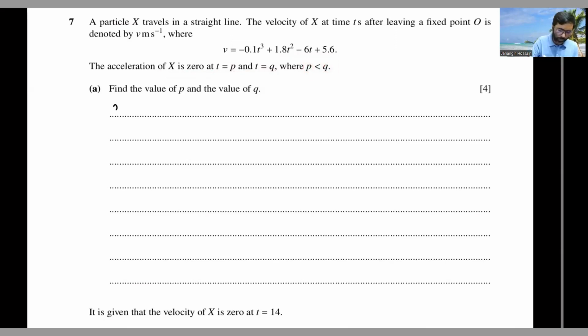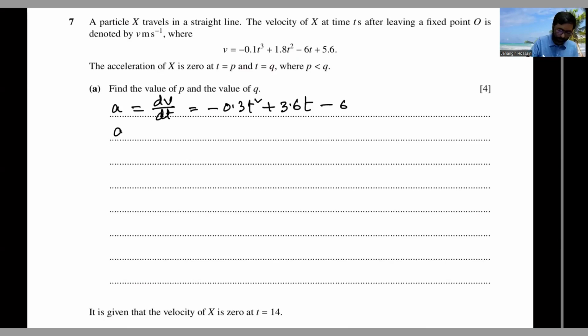So for this one, you have to find the expression for acceleration. Since v is the expression in t, acceleration is the differentiation of v with respect to t. So it will be minus 0.3 t squared, plus 1.8 into 2, that's 3.6 t, minus 6. So that's the acceleration.